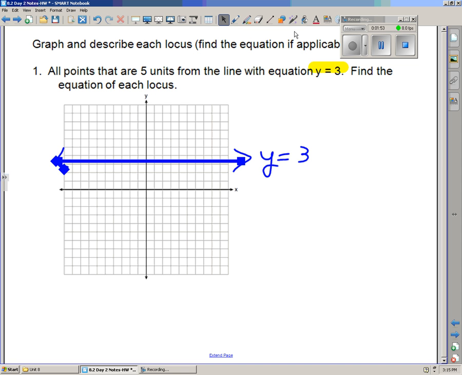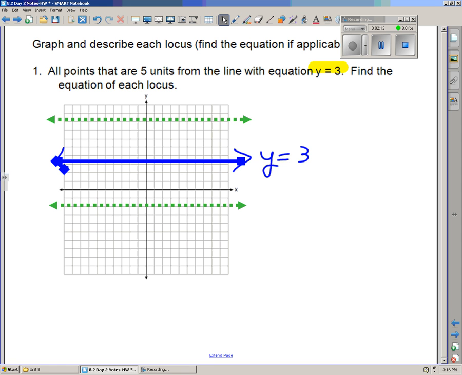I want to find the equation of the locus that are 5 units away from this line. Well, 5 units away would be 2 particular parallel lines, one above, one below. So I'd have to go 5 units above, 1, 2, 3, 4, 5, draw my line, go 5 below, 1, 2, 3, 4, 5, draw my line.